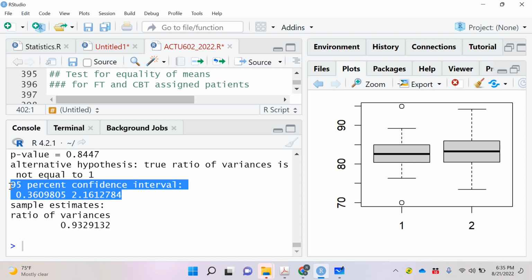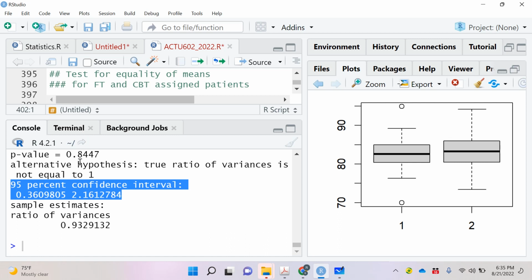So I cannot reject the null hypothesis. In other words, the variation in the CBT group is not significantly different from that of the FT group. So in our t-test, we say var.equal is true. Is that okay?